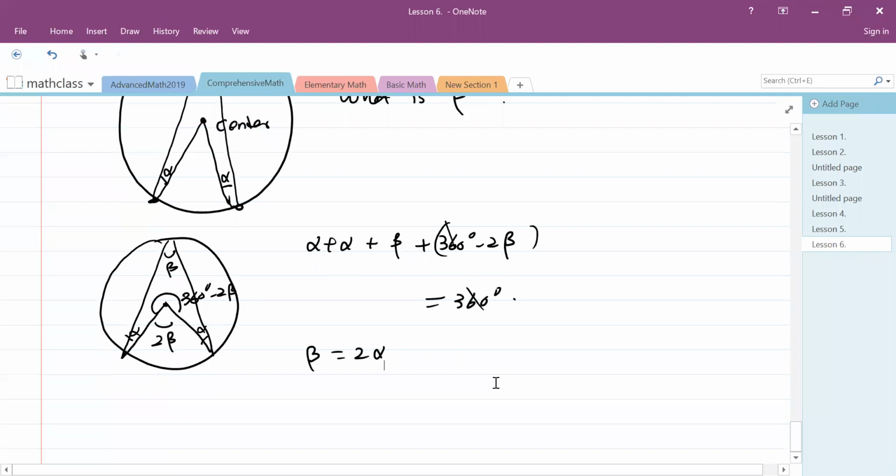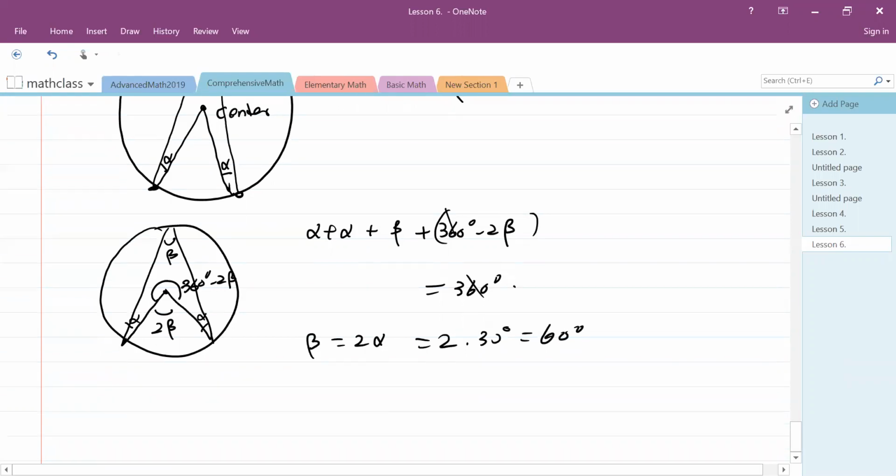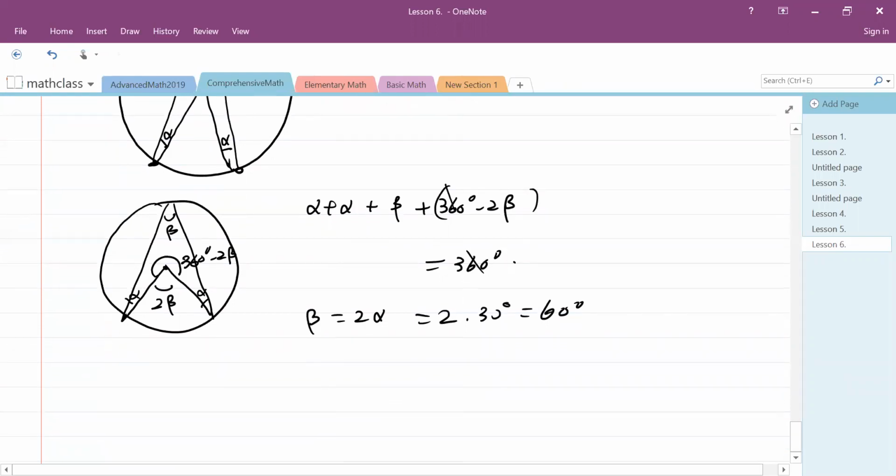It's interesting, beta equals alpha. They are all related. So that's going to be 2 times 30 degrees, which is 60 degrees. That's how we get this.